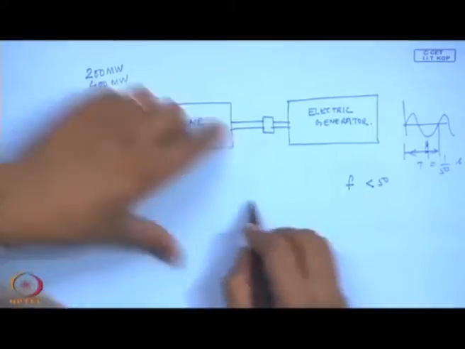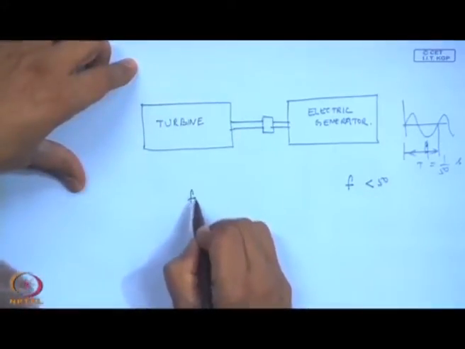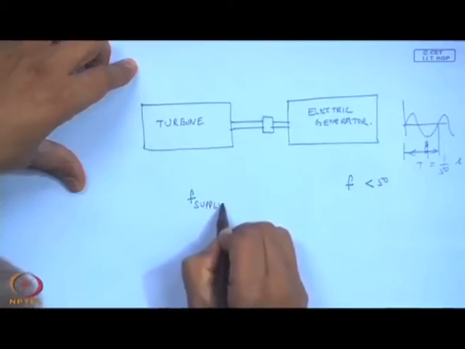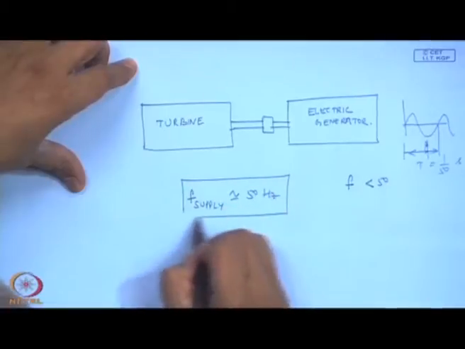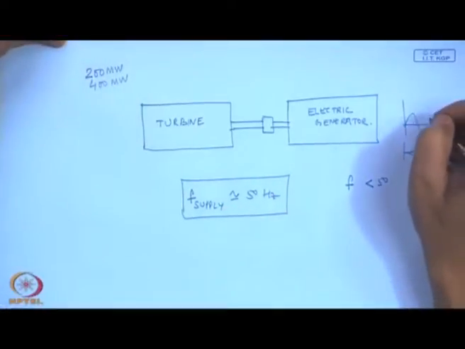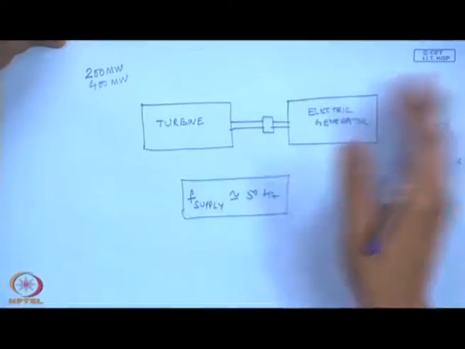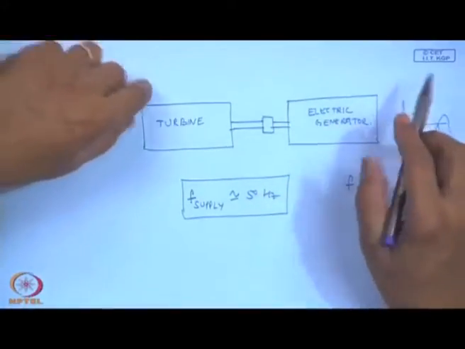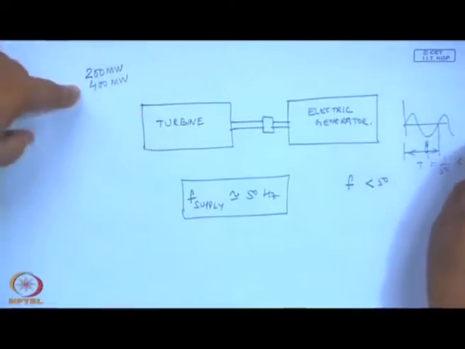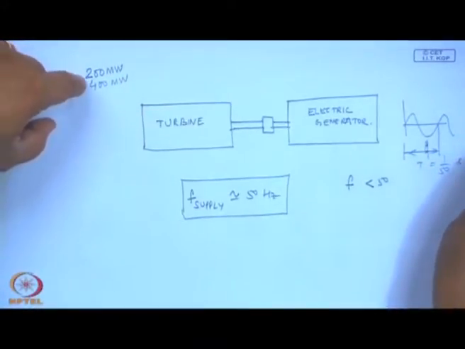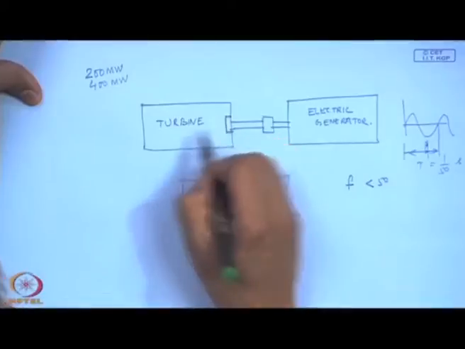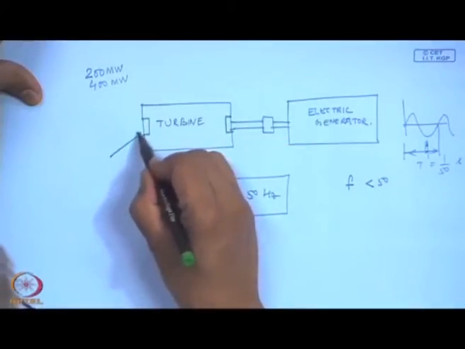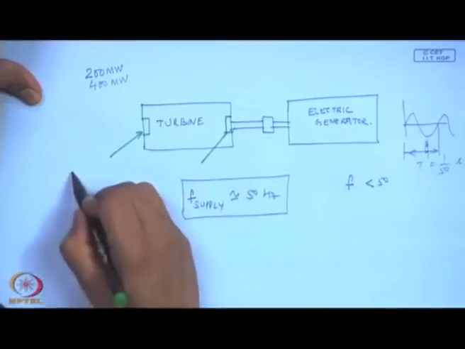So, I have to produce the electrical supply frequency F supply at 50 hertz, and that is my primary requirement of a power plant, continuously. But when you are talking about 200 or 400 megawatts, these turbines are very, very large in size, and these rotors are so heavy that they are supported on hydrodynamic bearings.